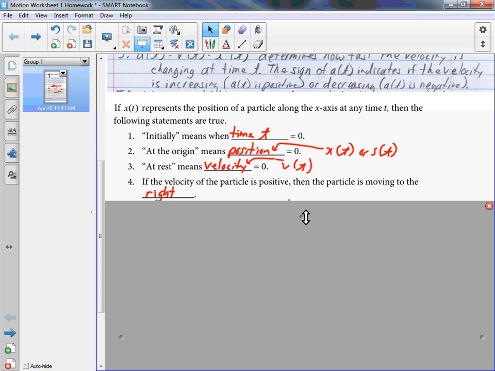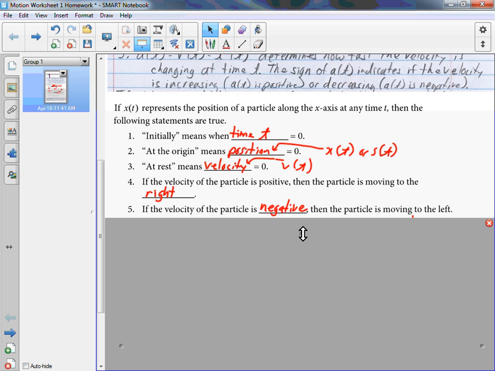Because why? Because that's the positive direction on the x-axis. Number 5, if the velocity of the particle is blank, then the particle is moving to the left. Negative. Tricky, wasn't it? They didn't just give you number 4 again and put the blank in a different spot. Okay.